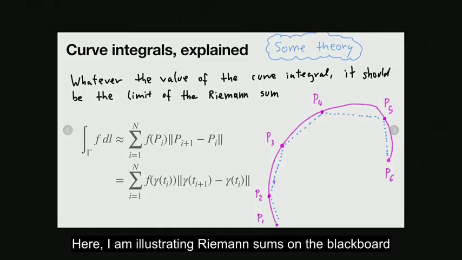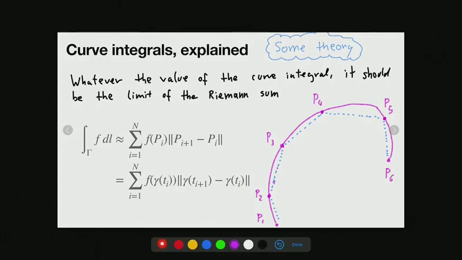We try to do the same now with integrals along curves. That will be, in some sense, a mathematical justification why we take that definition of the curve integral. So whatever the value of the curve integral should be, it should be the limit of a Riemann sum.